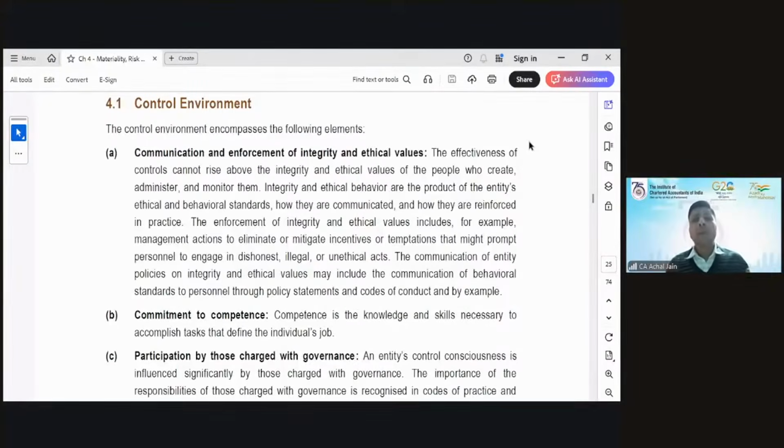You want to pass on a complete understanding as to what you want to do and how you want to do it. Every individual will have his own style of doing the work. But if there's a particular way you want to do things, and this is the only way you'll do it, you'll have to set up a system. So that messaging has to go out, that communication has to be in place, right?